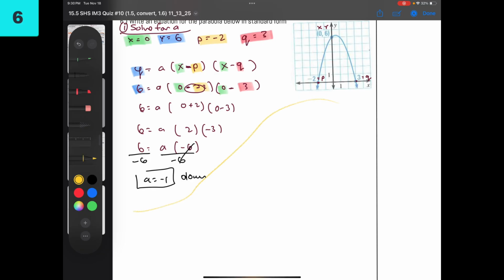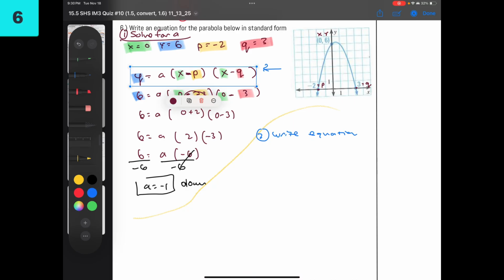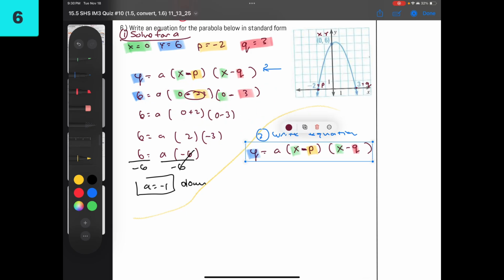Okay, so now let's write the equation. And I'm going to go back to factored form. So I'm just going to copy this. And then you can also copy the second one.